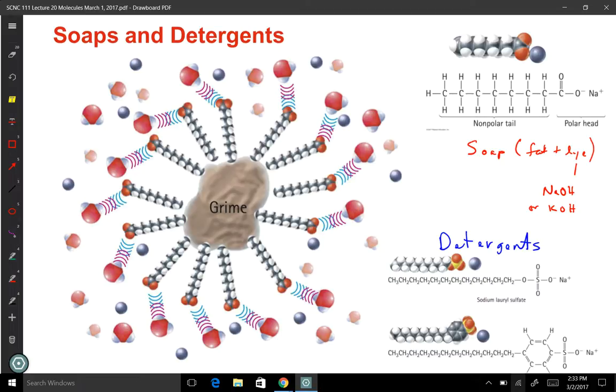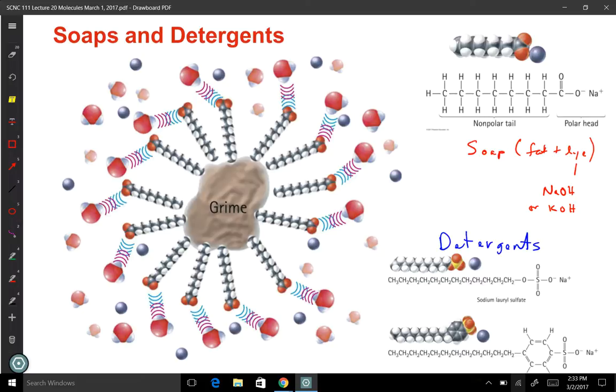Going through our sequence, we had ion dipole, dipole dipole, dipole induced dipole, and induced dipole induced dipole. Which one of those do you suppose it would be? Does this say grime? Yes, it says grime.